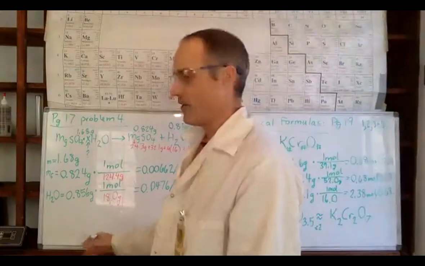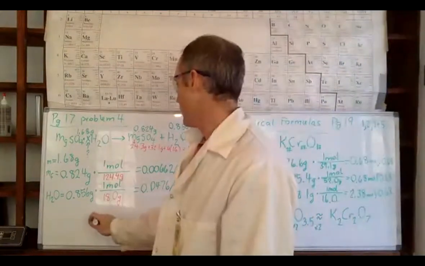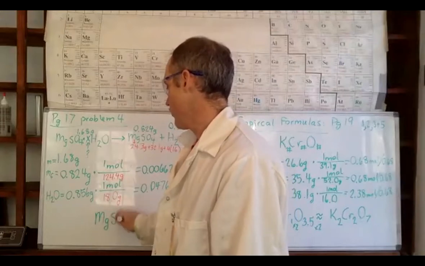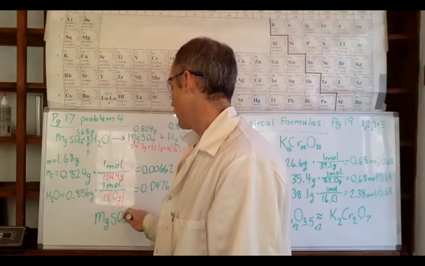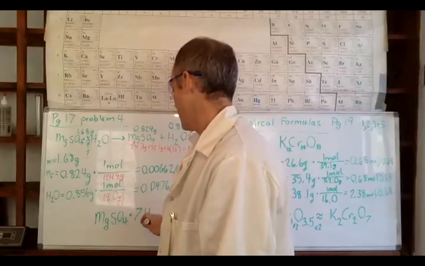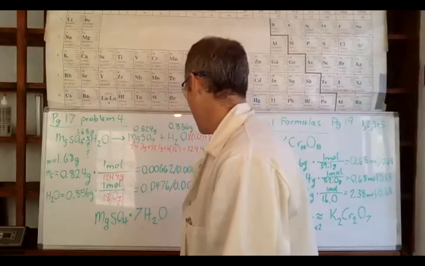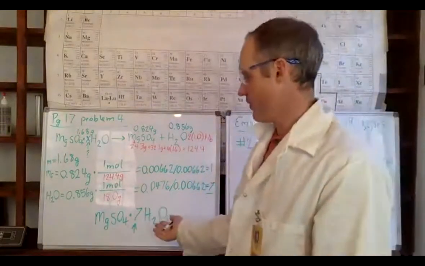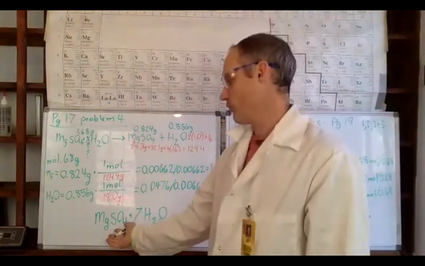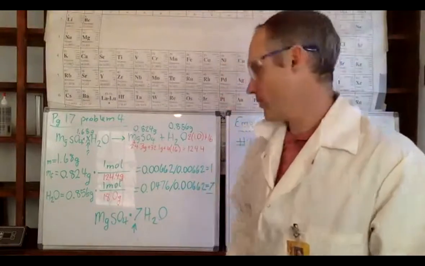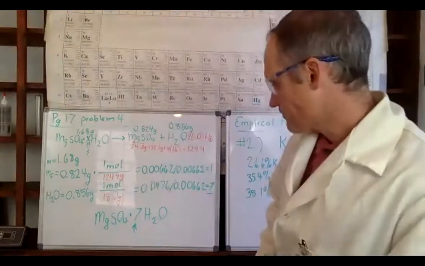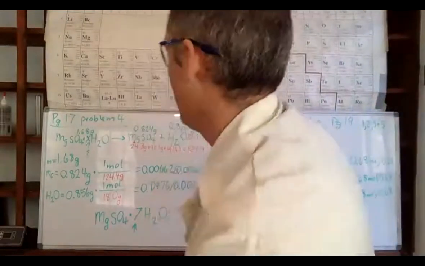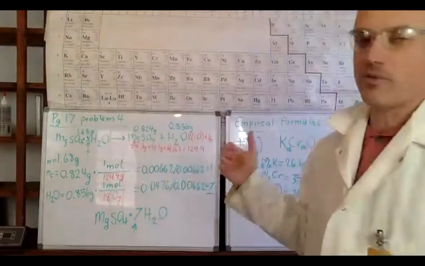I probably over-rounded something on here, but the overall formula then is MgSO4 with 7 H2O. Okay, that's where that 7 goes. It goes right here. And it's the ratio of moles of water compared to the moles of magnesium sulfate.